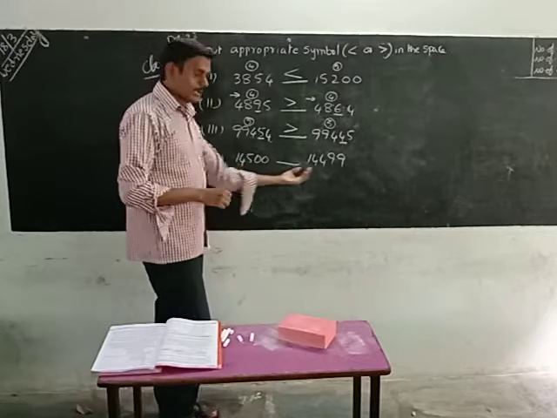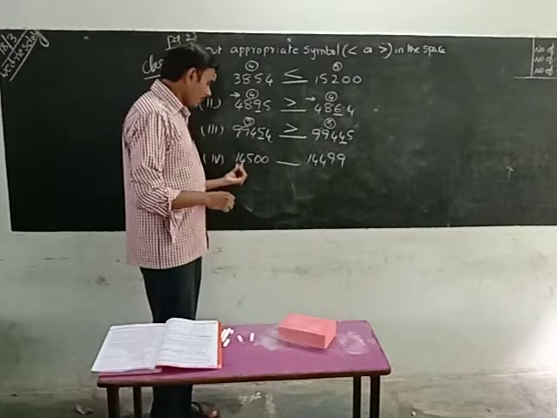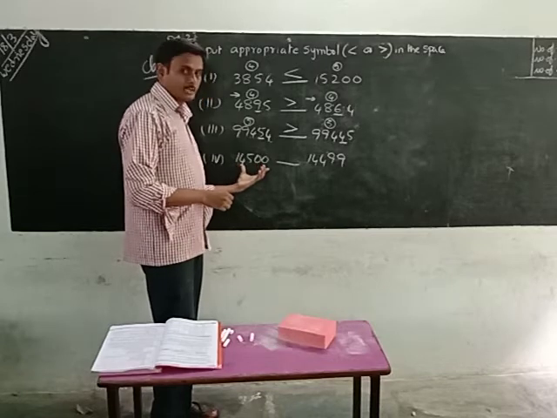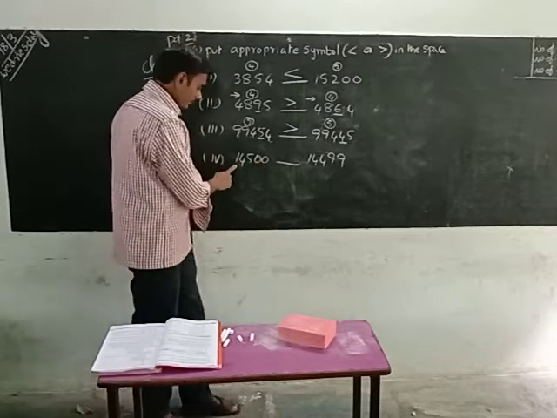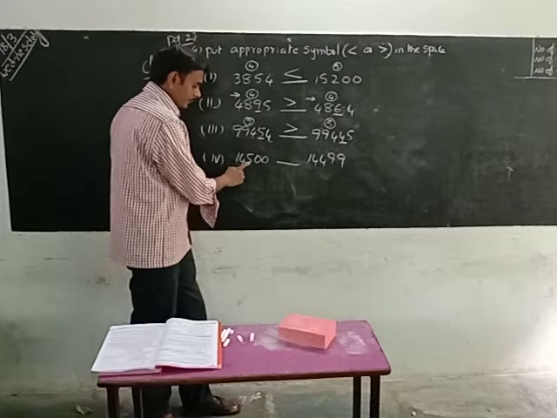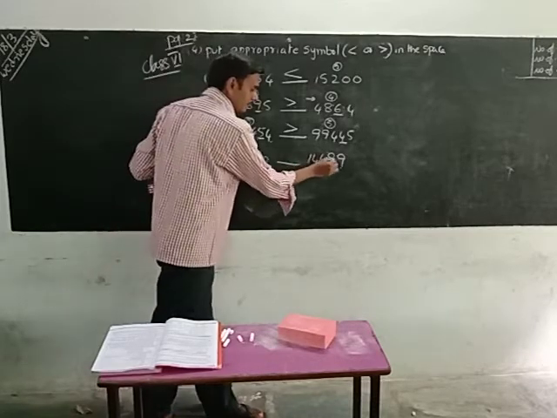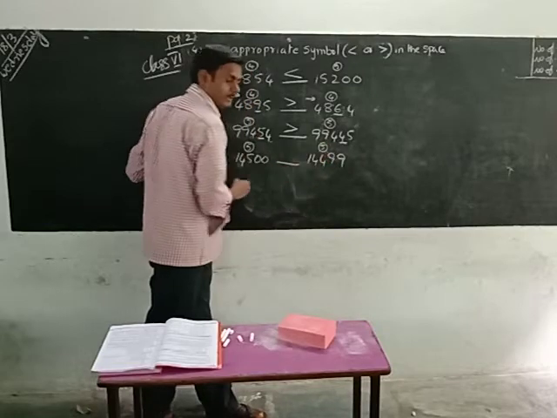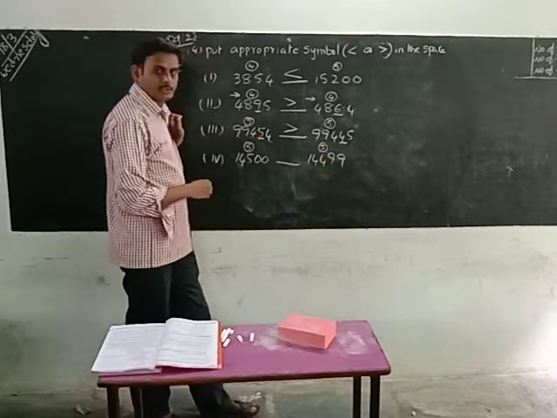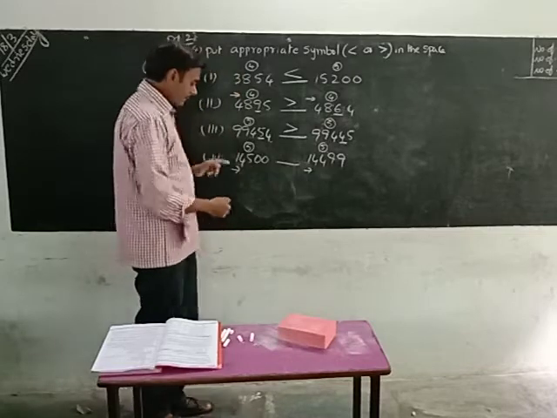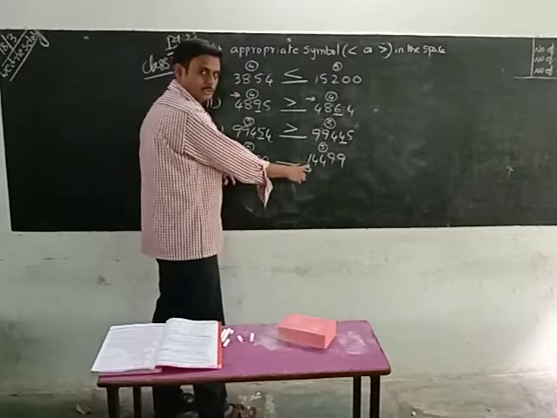Now we can go for the last question. How many digits are here? In these two numbers we have an equal number of digits. Count them once: 1, 2, 3, 4, 5. 5 digits are here. Here also we have 5 digits. Both having 5 digits means compare from the left side. What is the first digit? 1, 1.